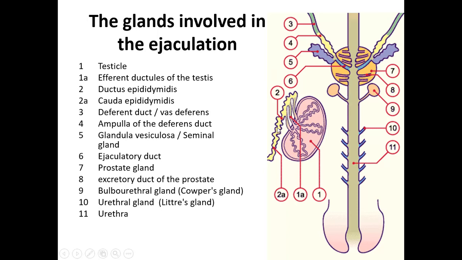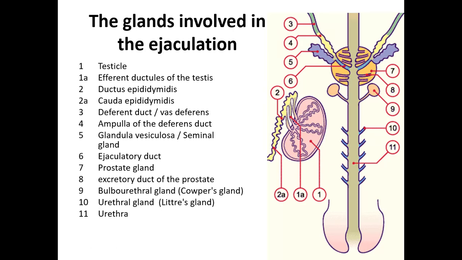And then this epididymis continues with the vessel known as the vas deferens. Here it's not shown, but in number 3 it's the vas deferens, which drains the sperm cells finally into the prostate, where it joins. Outpouching from all this vas deferens, we have the seminal vesicles, which produce a very large amount of the fluid of the semen.